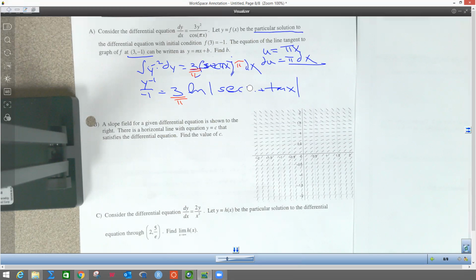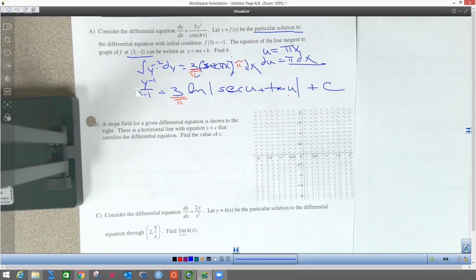So what that does here is this makes this the natural log of secant u plus tangent u. Now what else did we forget? Yeah, we didn't put our plus c on there. We got to have our plus c out here, okay? All right, so there's my equation.